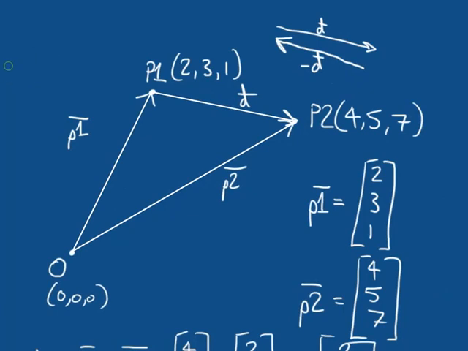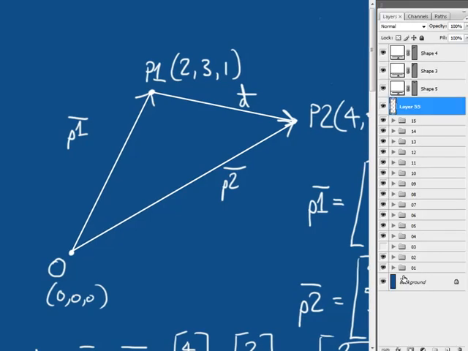So even if we use negative values, our equation still works. And instead of giving us points in the direction of D from P1, it's going to give us points in the opposite direction, allowing us to create points anywhere along our infinitely long line.